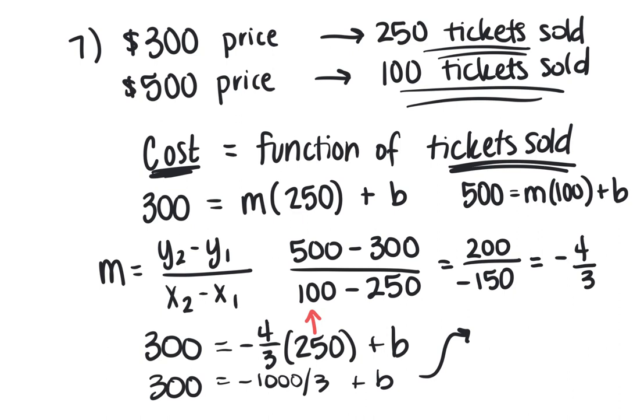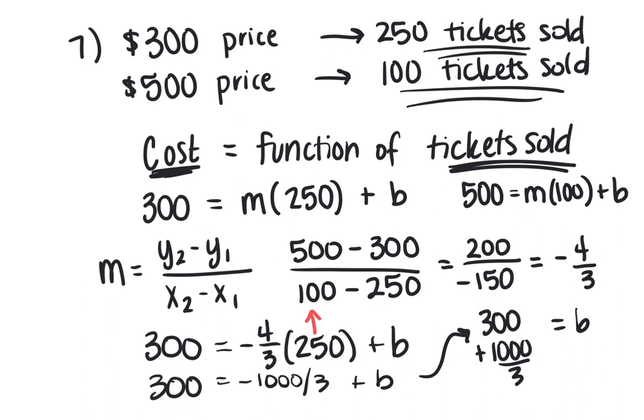We'll solve this by adding that 1,000 thirds to both sides, because it's negative on the right side, and we need to add that. When we solve that, we'll get b. So here our b is going to be 1,900 thirds, which will be, I think, 633 and a bunch of threes.